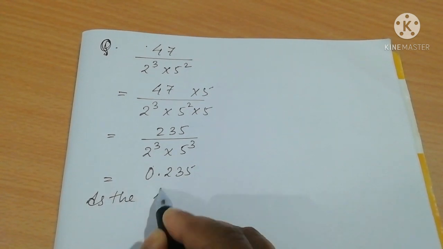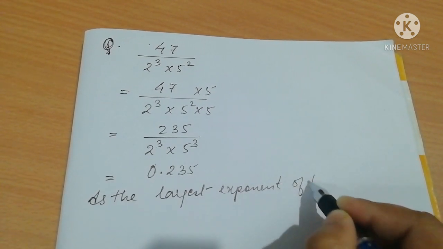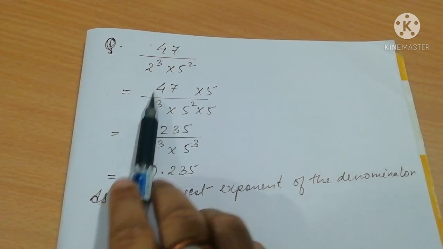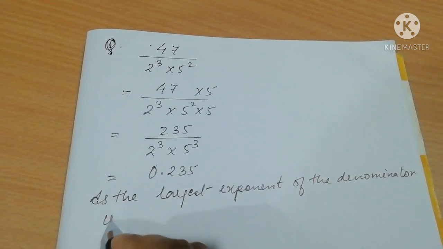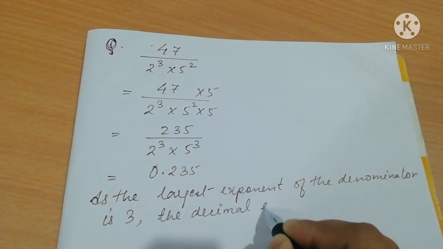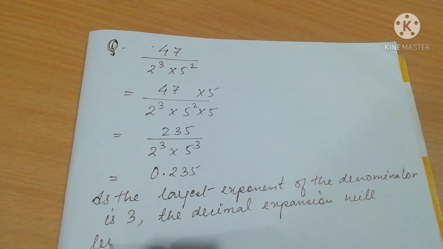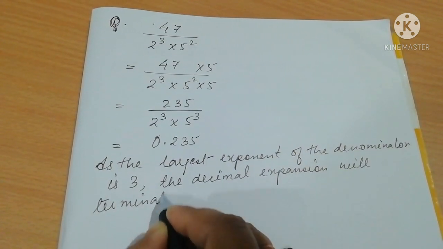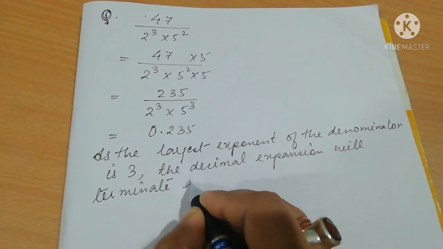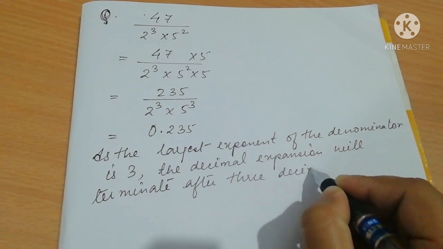As the largest exponent of the denominator, in this case the largest exponent in the denominator is 3, so the decimal expansion will terminate after 3 decimal places.